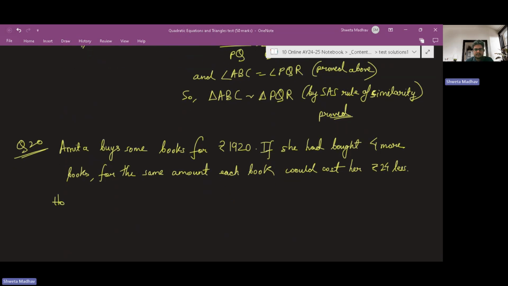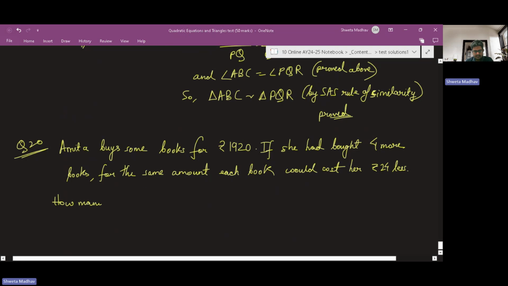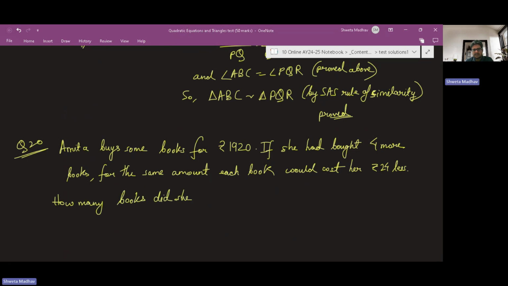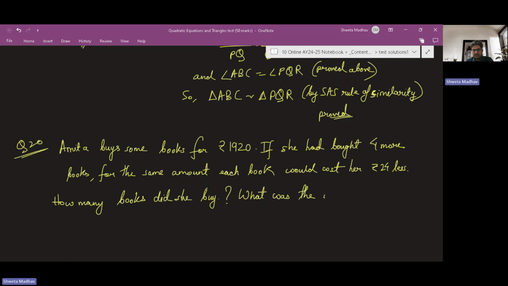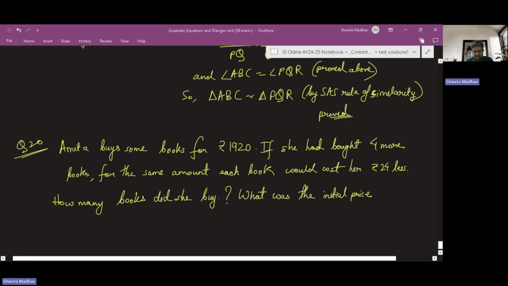And how many books did she buy? What was the initial price of the book? This is the correct question. I think some printing mistake was there.